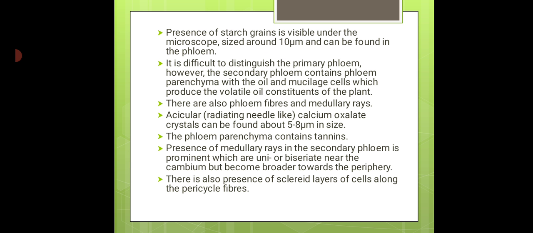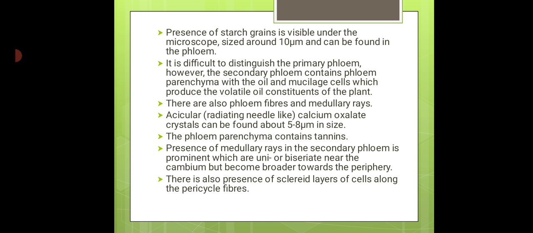However, the secondary phloem contains phloem parenchyma with the oil and mucilage cells, which produce the volatile oil constituents of the plant. There are also phloem fibers and medullary rays. Acicular calcium oxalate crystals can be found, about 5 to 8 micrometer in size.